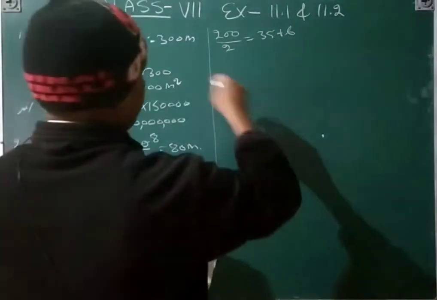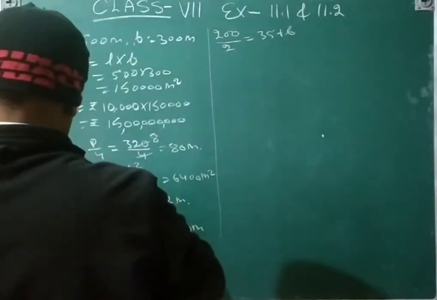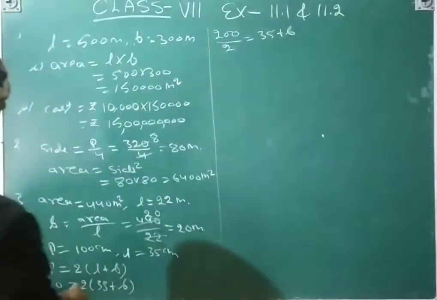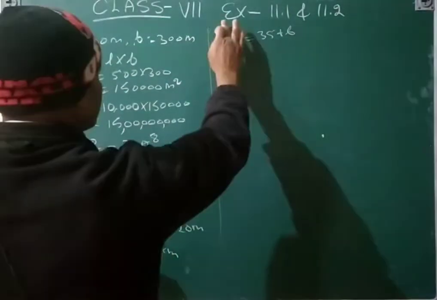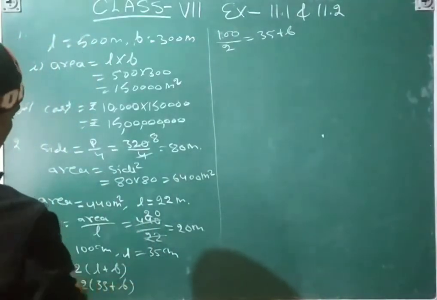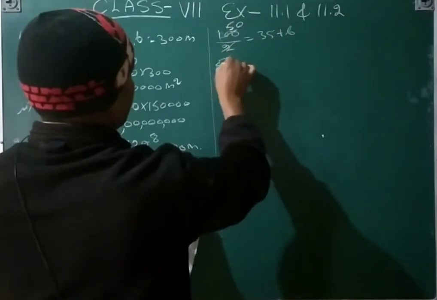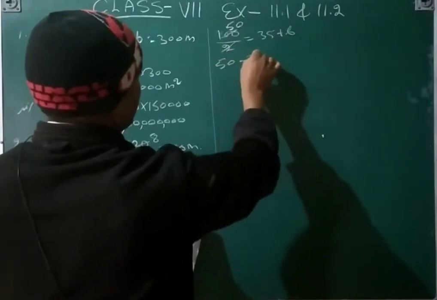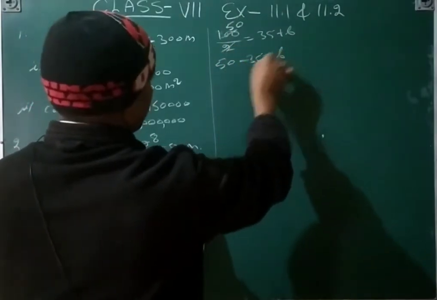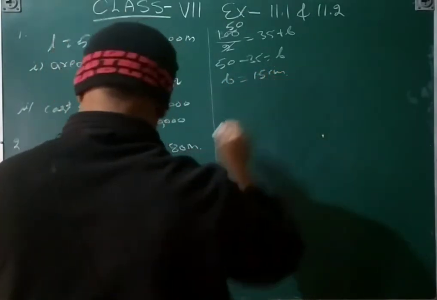So that will be 100. Oh, just a minute, 100 is wrong. This will be 100, and then 50, and then the 35 comes to this side with a minus sign, so B is equal to 15 centimeter.